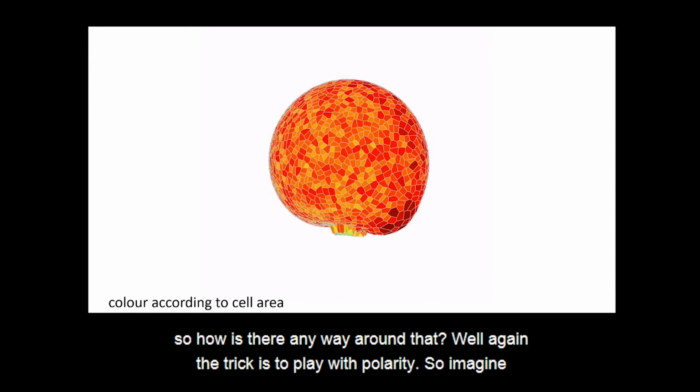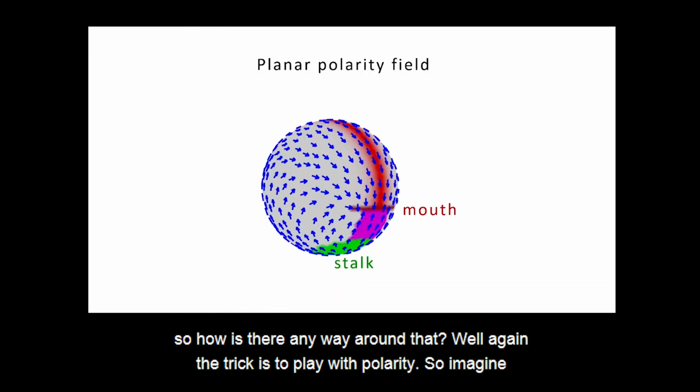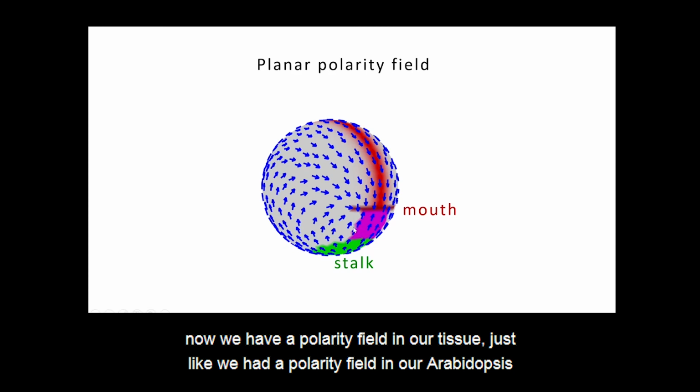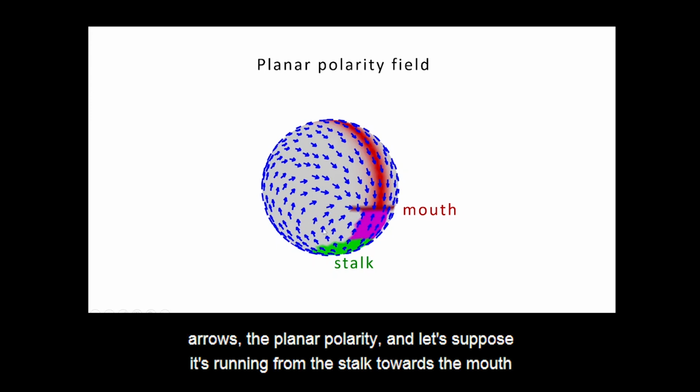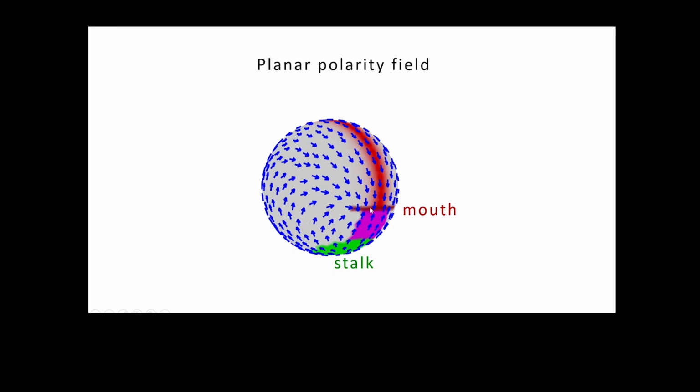Well, again, the trick is to play with polarity. So imagine now we have a polarity field in our tissue, just like we had a polarity field in our Arabidopsis sheet. But now the polarity field is over a sphere, over a curved surface. It's the blue arrows, the planar polarity. And let's suppose it's running from the stalk towards the mouth.